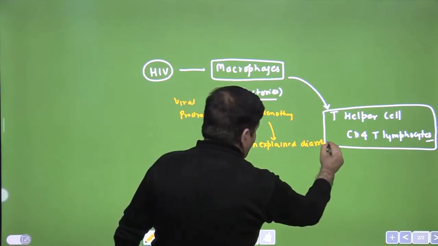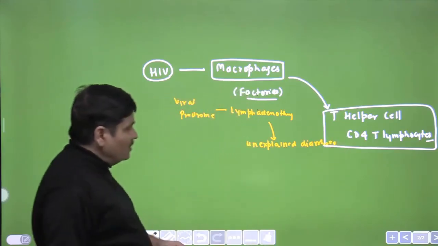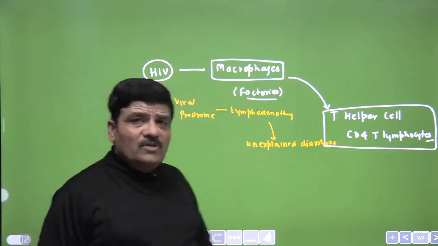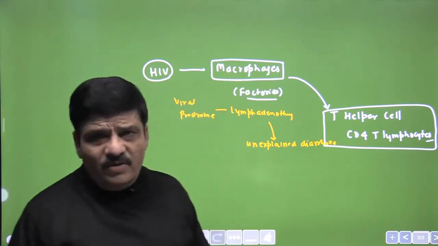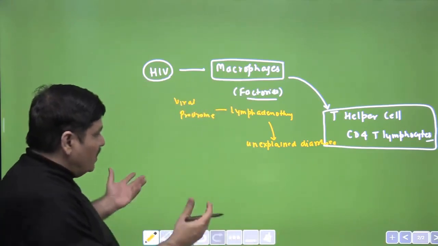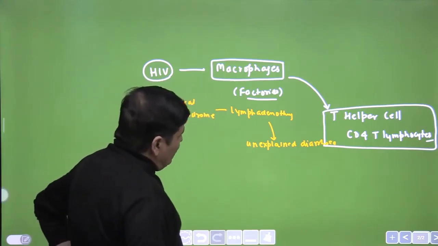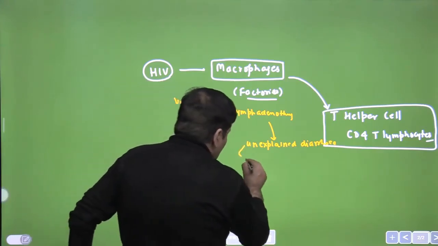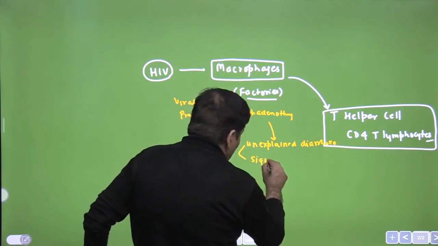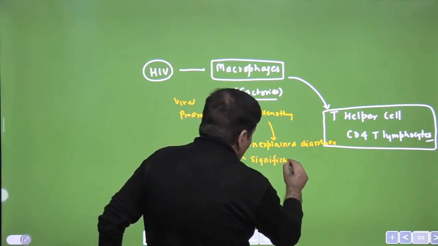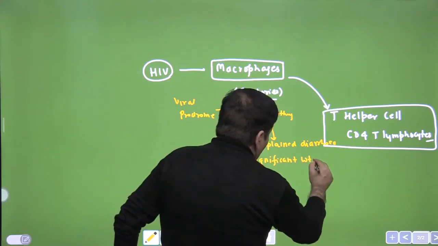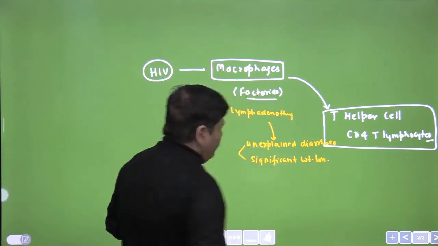Diarrhea is loose motion. Normally all diarrhea cases, if you can explain what is the cause, they should be very well treated within 1 to 2 weeks. But somebody is having a continued diarrhea and you are not finding any cause, this is an unexplained diarrhea. And similarly there would be significant weight loss. I am not merely saying weight loss, I am saying significant weight loss.